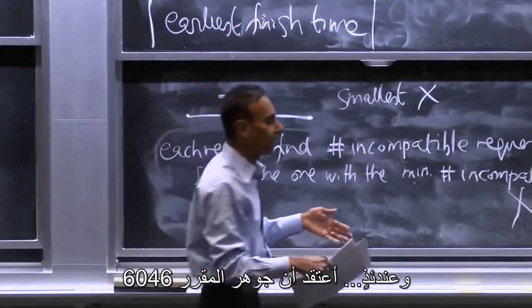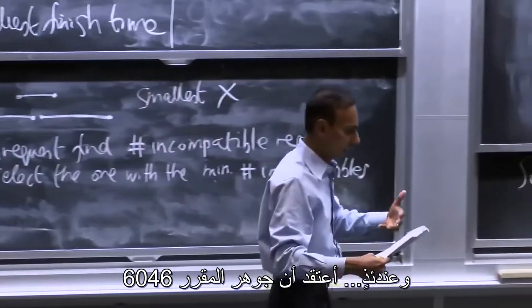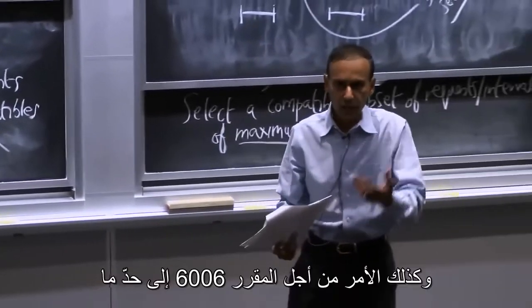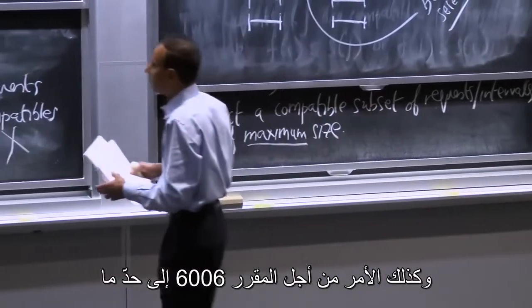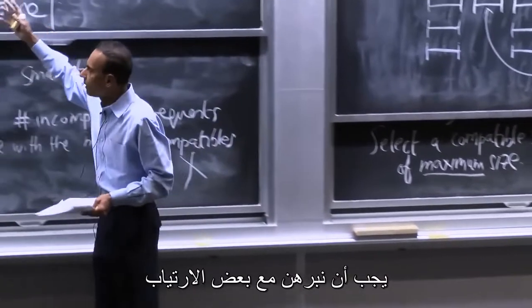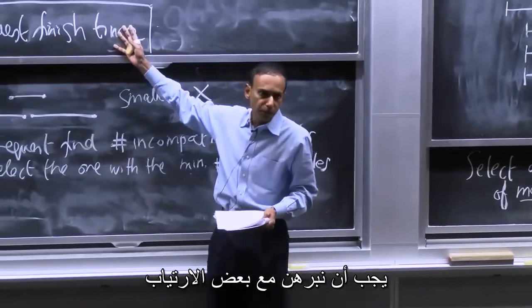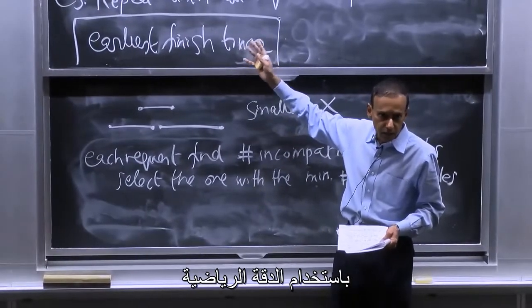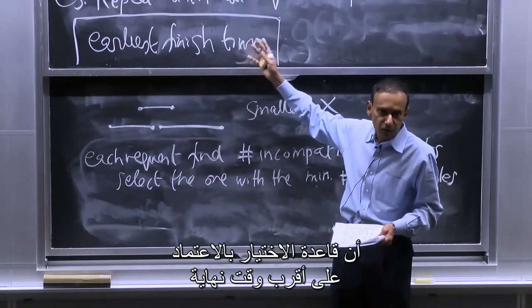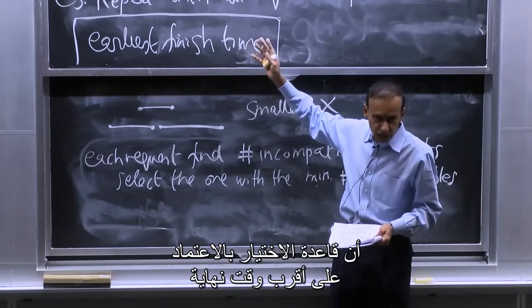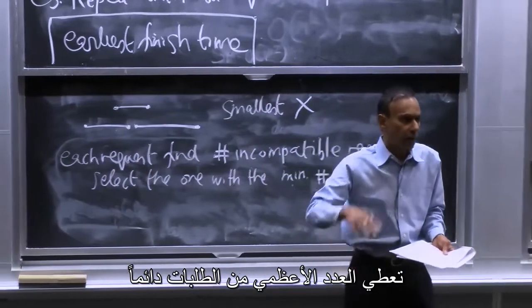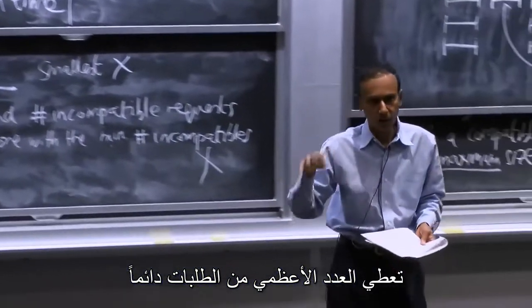And this is where I guess the essence of 6.046, to some extent 6.006, comes into play. We will have to prove beyond a shadow of a doubt, using mathematical rigor, that the earliest finish time selection rule always gives us the maximum number of requests.